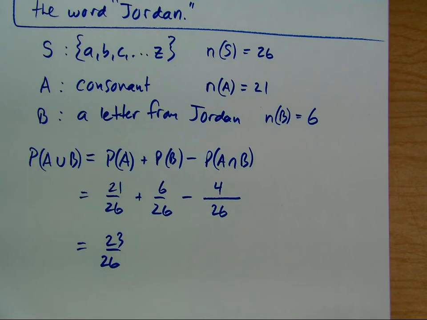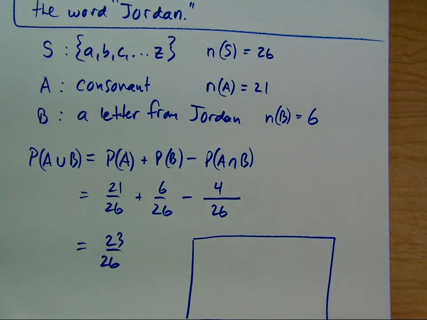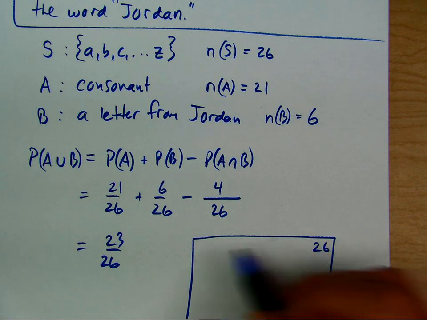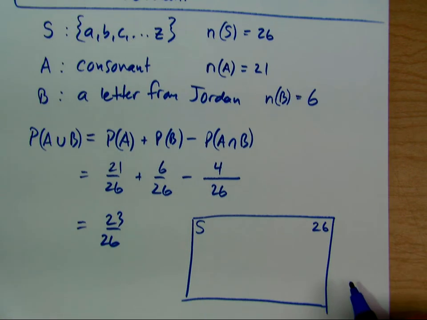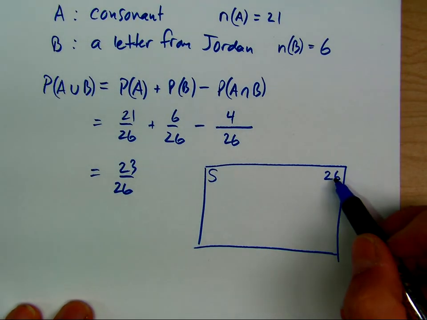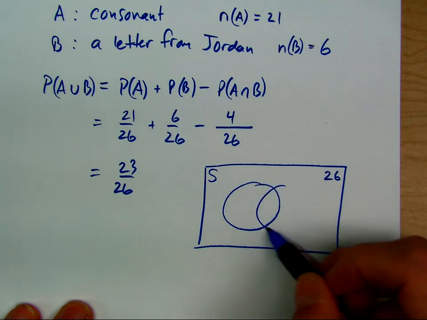We can also make a Venn diagram. We're selecting something out of the alphabet, the sample space. And when we're starting a Venn diagram, let's go ahead and put the total here, and then we can figure out how to break up the numbers.